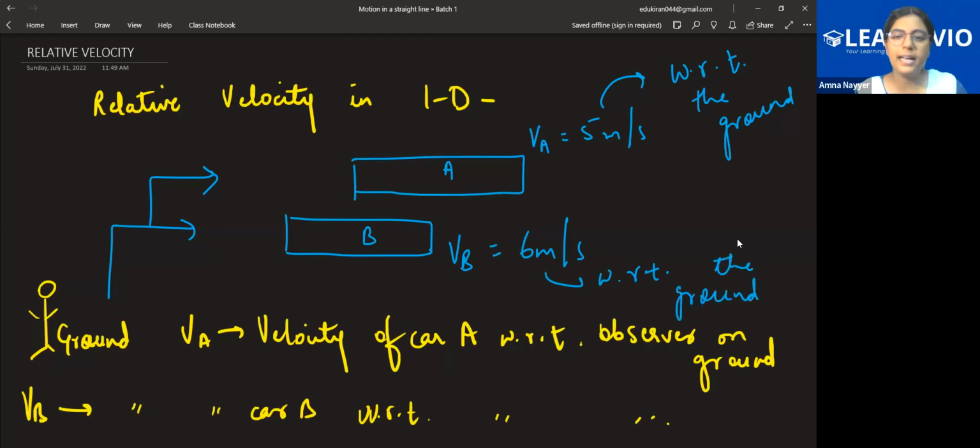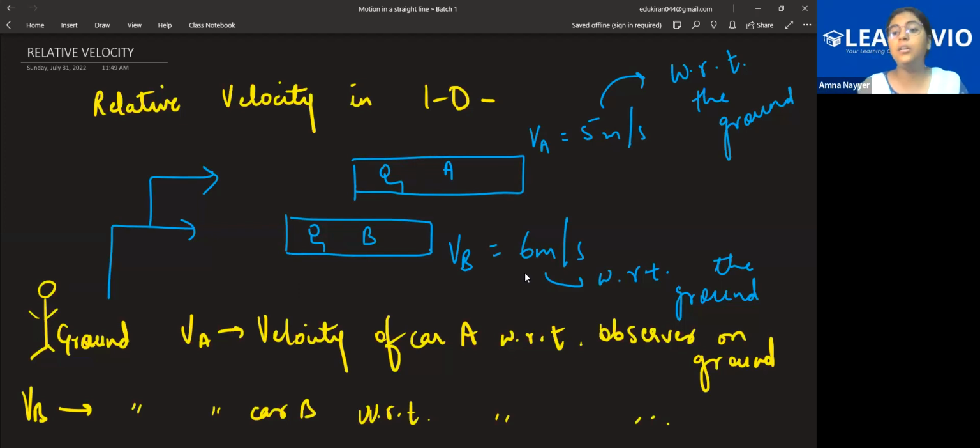But this was with respect to the person on ground. If one person is sitting in car A and one person is sitting in car B, when they look at each other, because this is also moving with some speed, this is also moving with some speed, there is a relativeness because they are not stationary. So they'll not see the actual velocity.